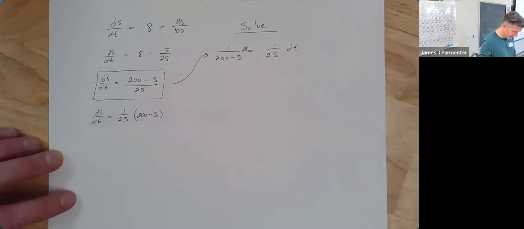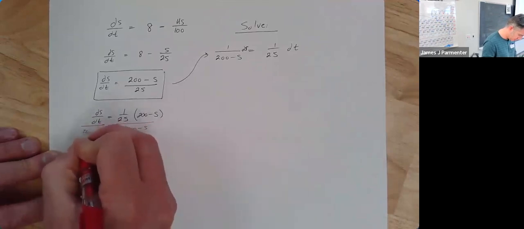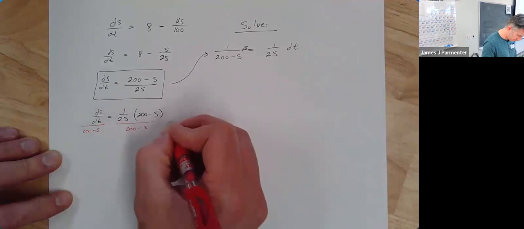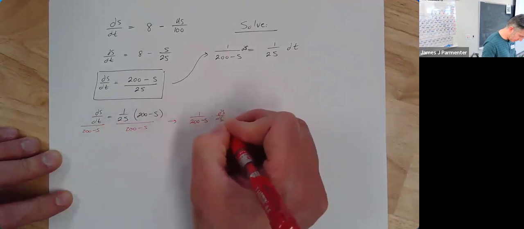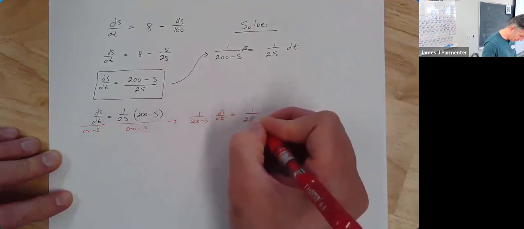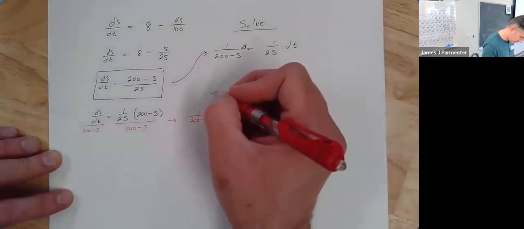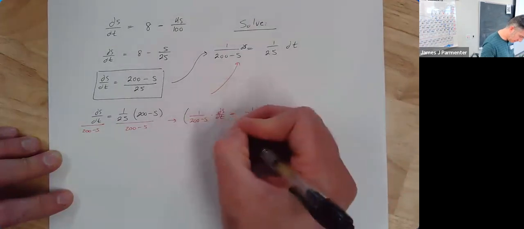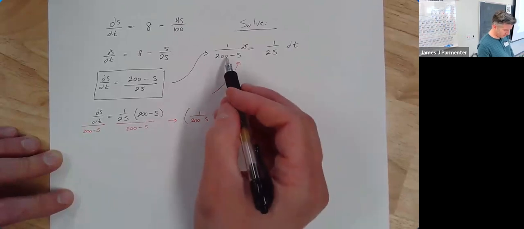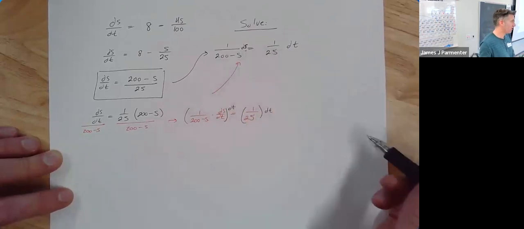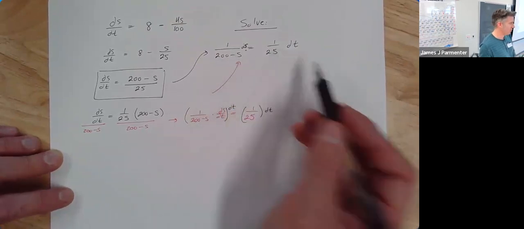So I'm dividing both sides by 200 minus s to get 1 over 200 minus s times ds/dt equal to 1 over 25. Then I multiply both sides by dt, and I get 1 over 200 minus s times ds equal to 1 over 25 dt. So now they're separated. I've got my s's on the left and my t's on the right.